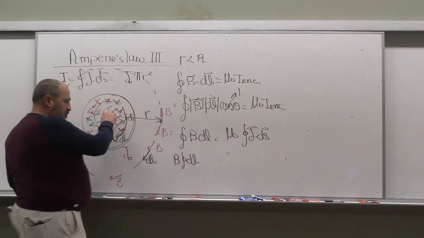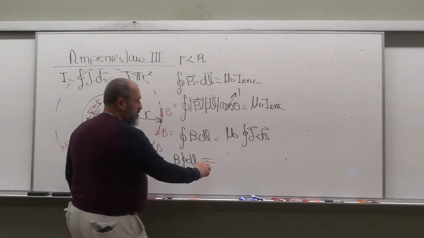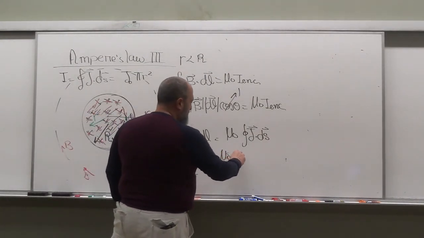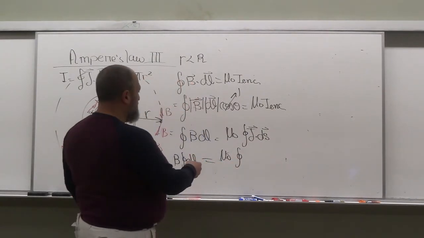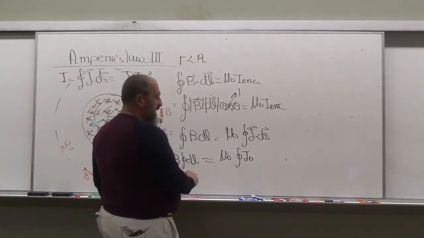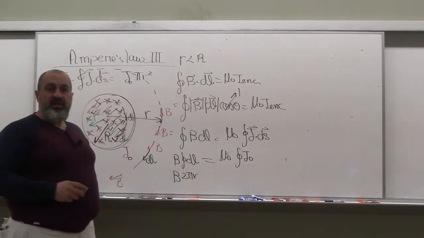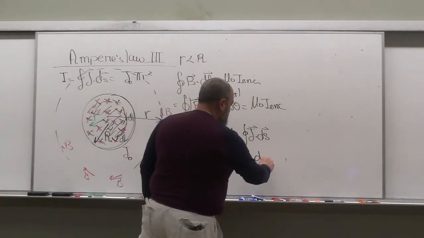That's just 2 pi r, so that's B times 2 pi r equal to mu naught times the integral of what now? J is J naught, so J naught times dS. That's up to you how you want to do this, but it's uniform, so really there's nothing for us to worry about in this case.